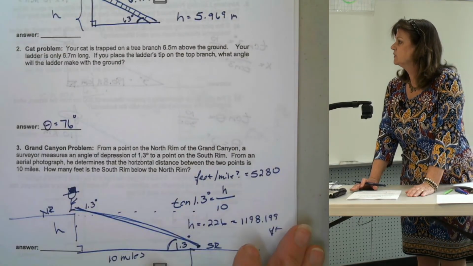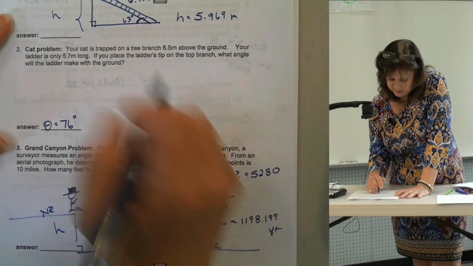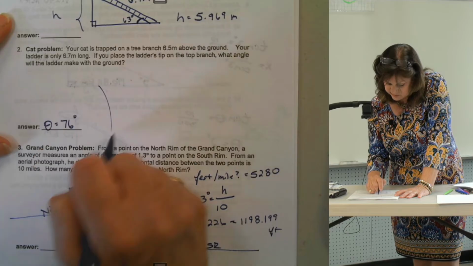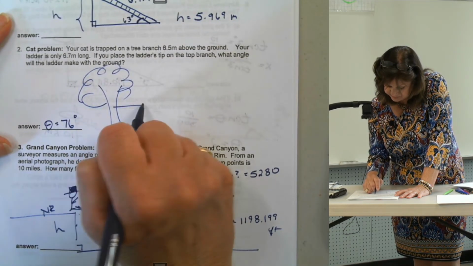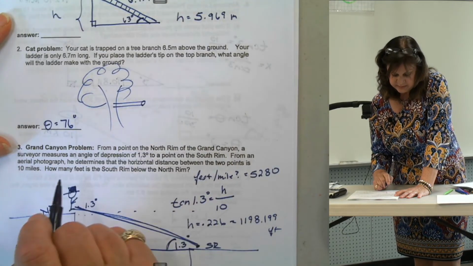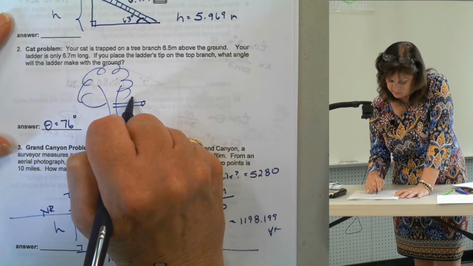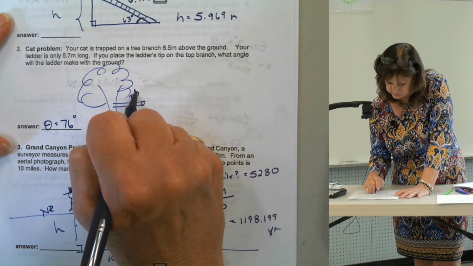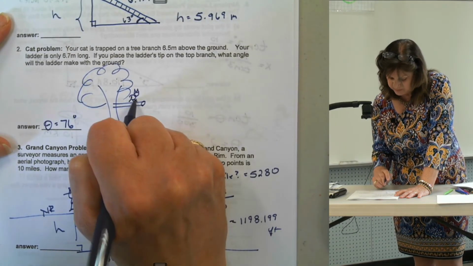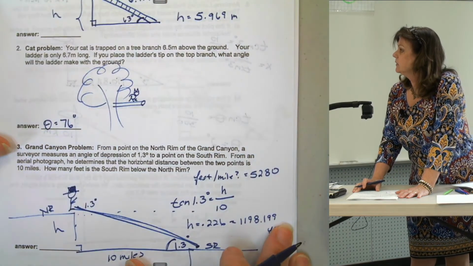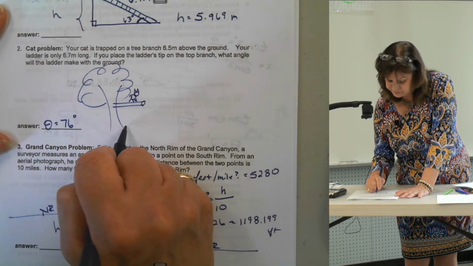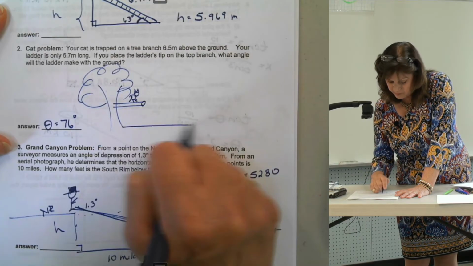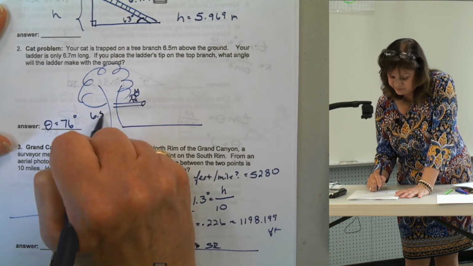The cat is trapped on a tree branch. So I've got a tree, and there's the branch. And I've got this cat trapped there. That's my cat. And the branch is 6.5 meters above the ground. So clearly, we know that this is 6.5.